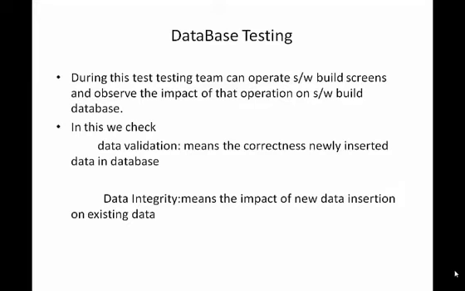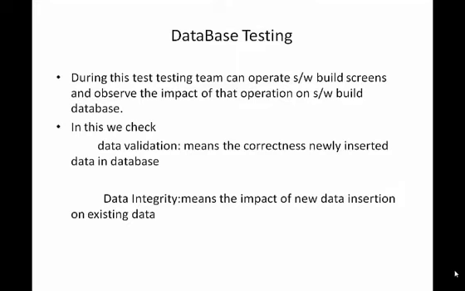Data validation means the correctness of newly inserted data in the database. That is, if we enter a new record which is valid, then it is data validation. What is data integrity? It means the impact of new data insertion on existing data.